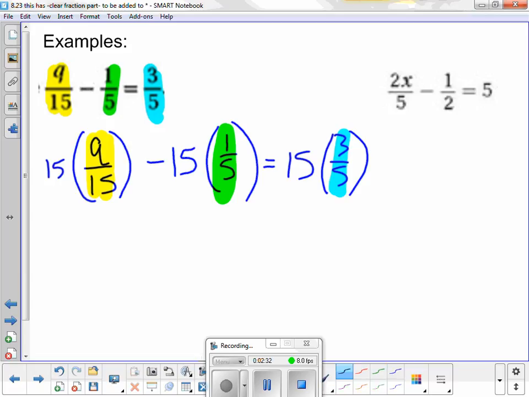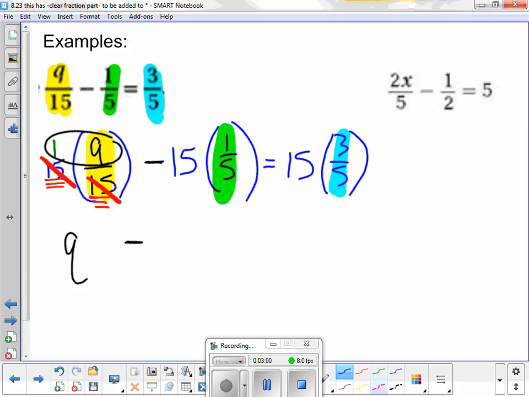Now, what happens when we multiply a fraction by a constant? Well, this 15 and this 15 in the denominator are the same, so they cancel each other out, and it leaves me with 1. And then I multiply that 1 by whatever's in the numerator. 1 times q is q. And then I have a minus sign.